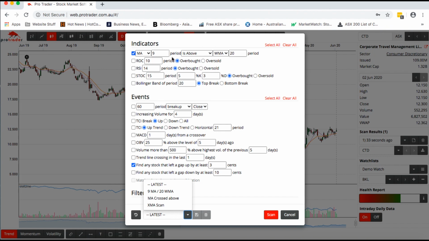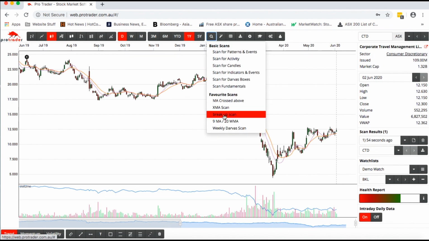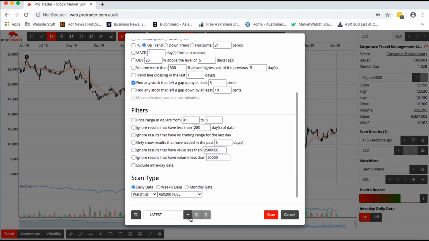So just keep an eye here on this indicators section. You'll see that they will change. Basically, when I've watched some videos or over the years, I've identified scans that I particularly like. And rather than me having to go in, make all the changes and remember it, I've just got them here once. Then all I have to do is go in here and immediately hit them as a favorite scan.